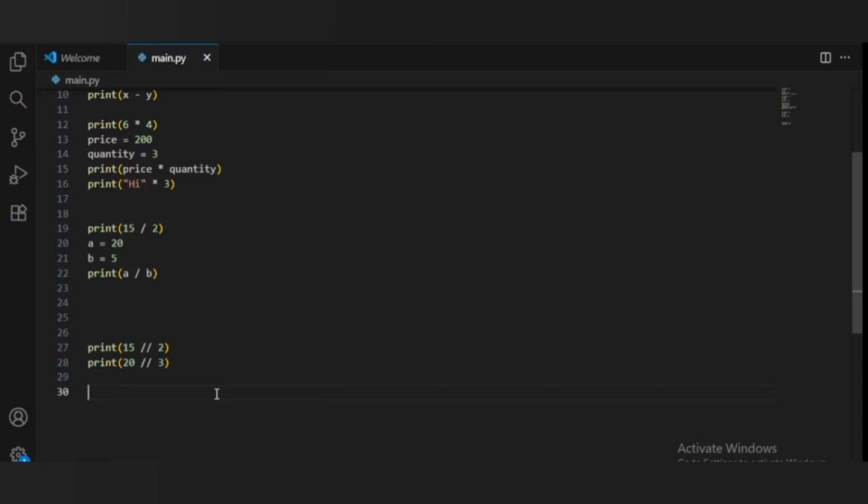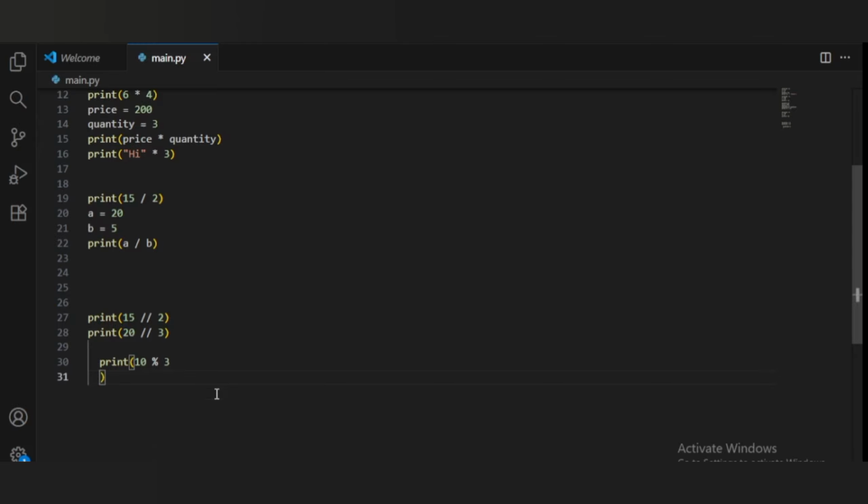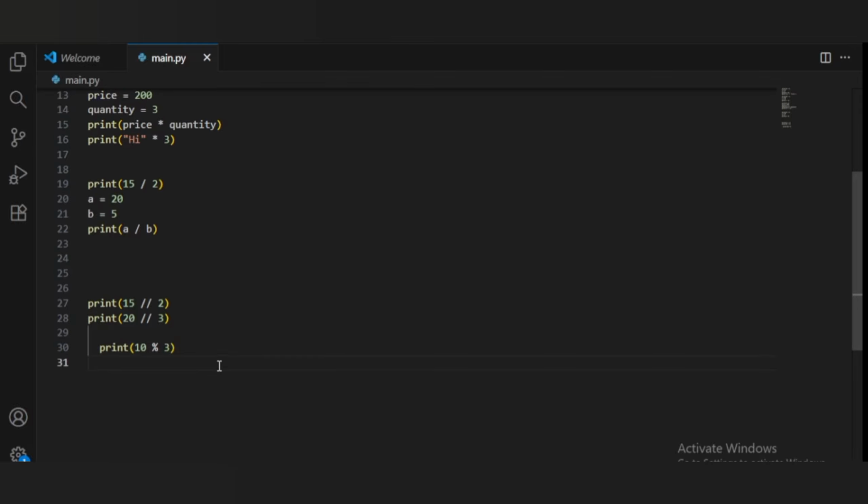So now move on to the modulus operator, which gives the remainder after division. For example, print 10 % 3, because 3 times 3 is equal to 9, the remainder is 1. For example, print 25 % 4.